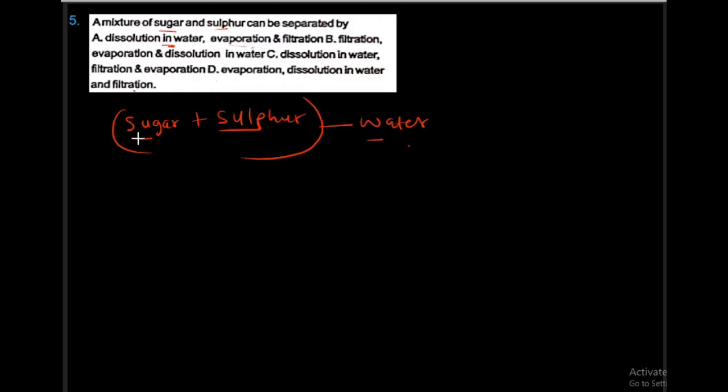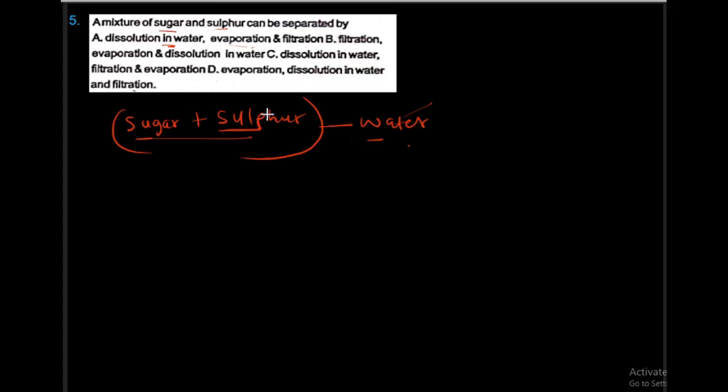If we have these two together in water, we now use evaporation to dryness. Evaporation to dryness will remove the water, and then we'll be left with sugar and sulfur again, which is what we want to separate. No, it does not make sense. And then filtration. It would have been better to use filtration to separate sugar and sulfur, but filtration cannot work for sugar and sulfur. So option A is not correct.